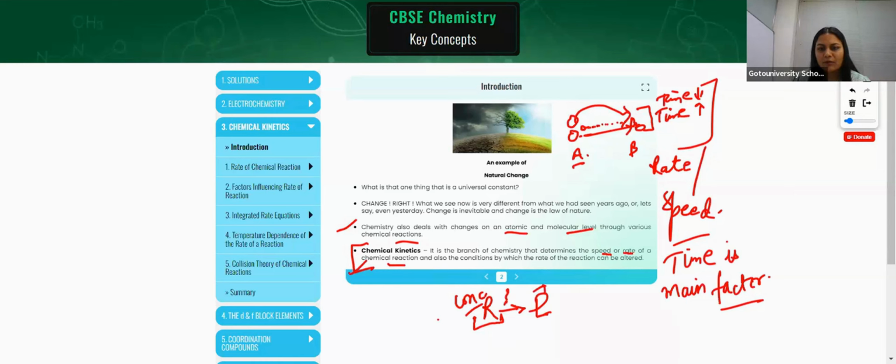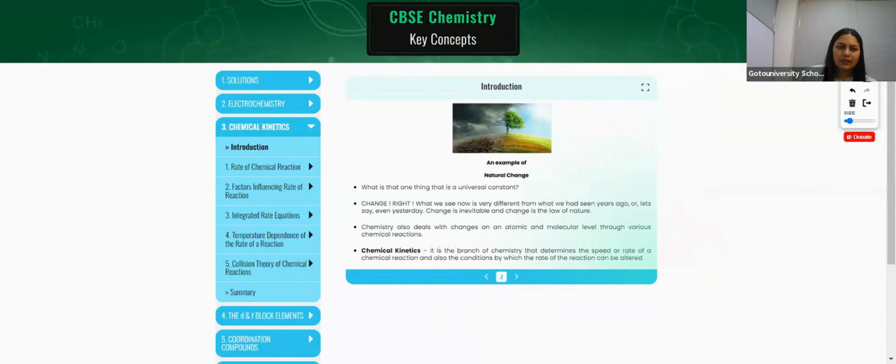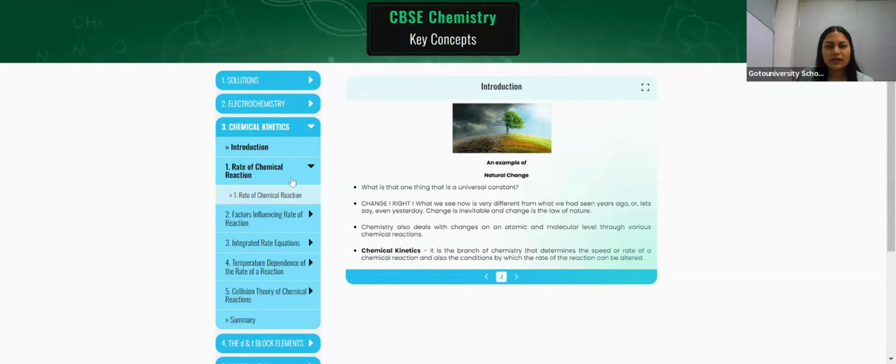So this whole change in chemical reaction, the speed and their rate, we are going to discuss in chemical kinetics. By kinetics we mean movement, right? And chemical, how the chemical reaction is actually moving or how it is happening, right? So this is what we are going to study in this chapter, chemical kinetics.